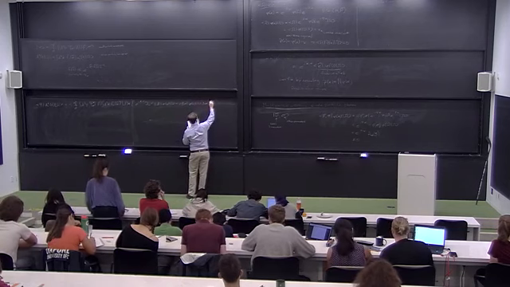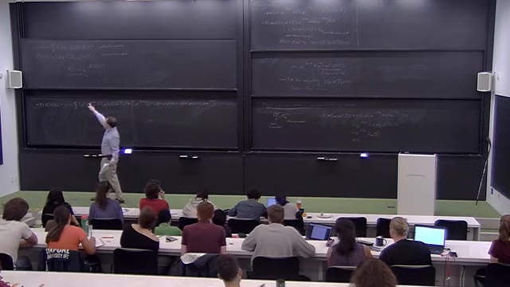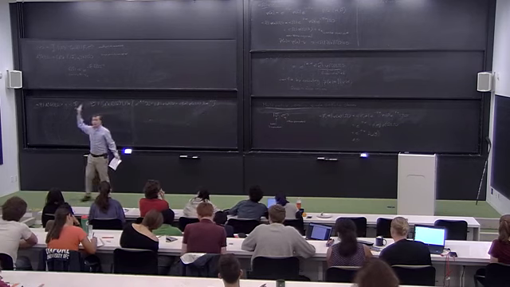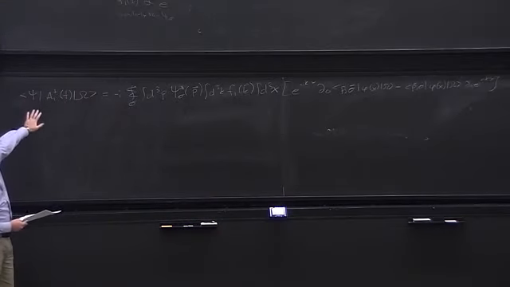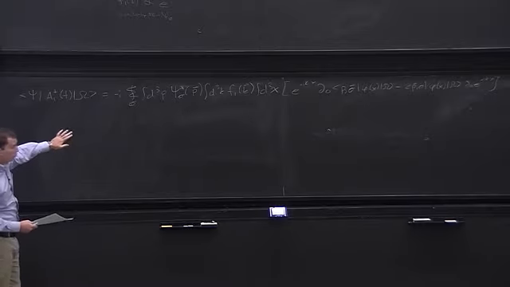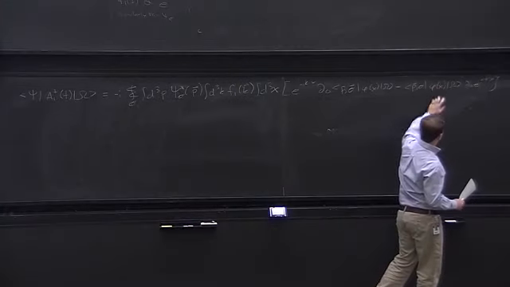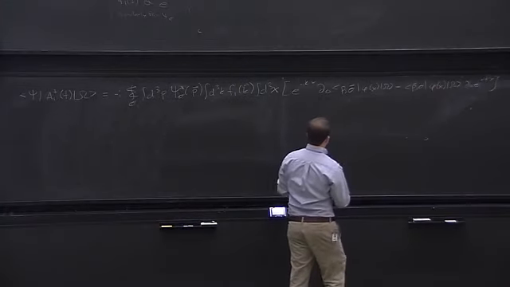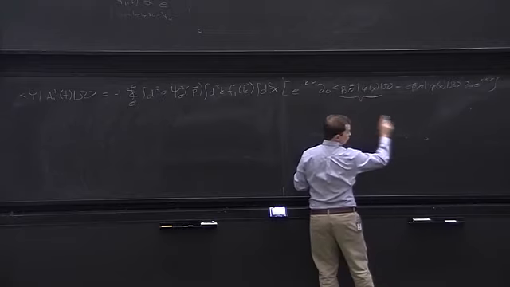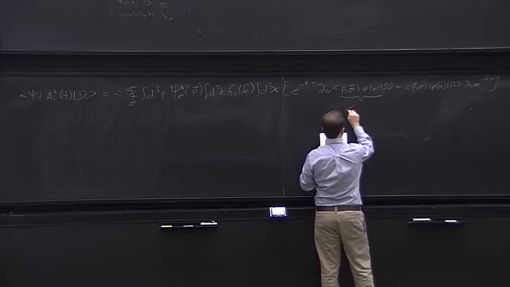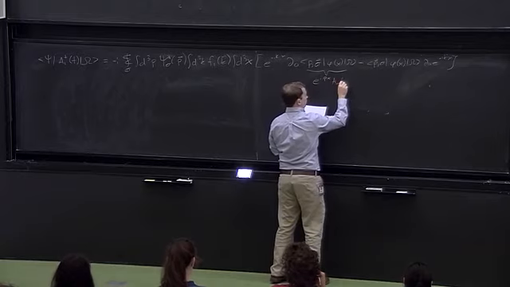What I've done here is I have just plugged in the definitions and then used the relationship between the ladder operator, the creation operator A1 dagger, and the field operators, like we did before. So that's where these phi(x)'s come from. And we note that this here, based on our previous calculation, is e to the i p dot x, a sigma p.